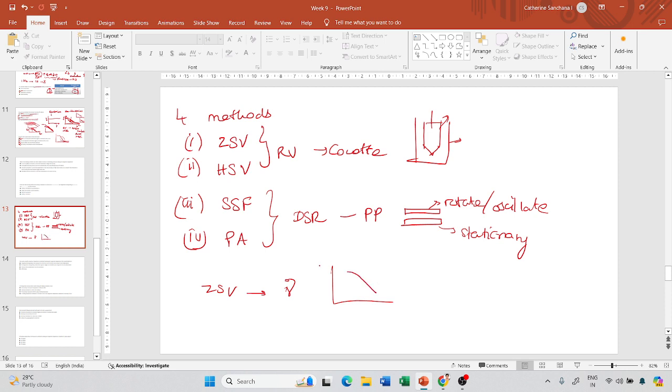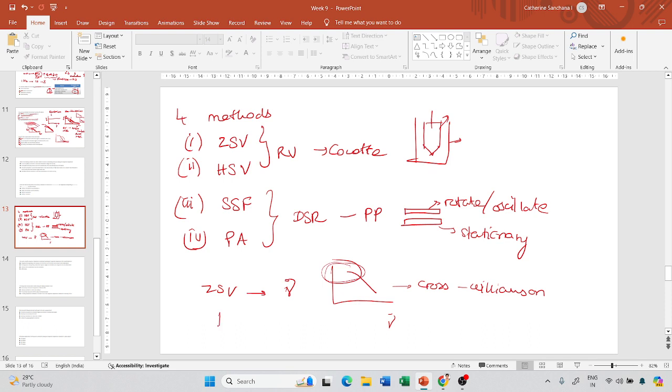Now I have to find out the viscosity at low shear rates. How can I do that? Instead of directly taking it from the graph, I can fit a model to it, say a Cross model or a Cross-Williamson model, and then I will pick this viscosity.